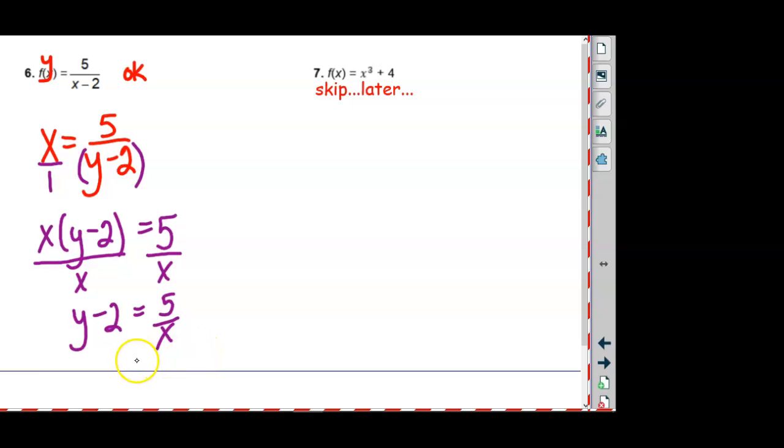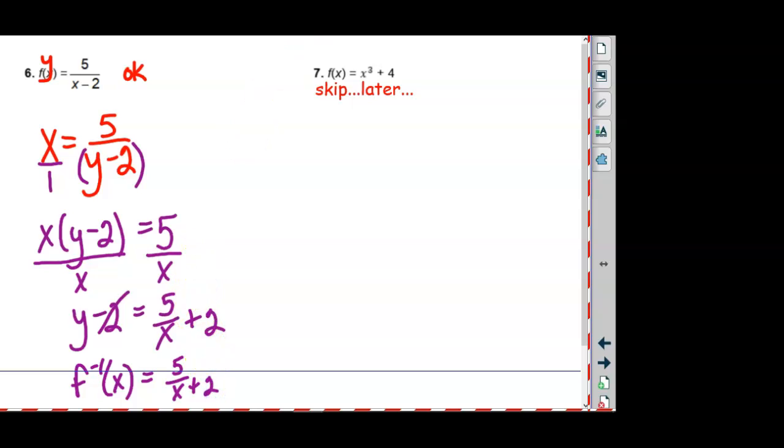And then all we'd need to do is what? Add 2 over there. That would get rid of it on this side. So we have the inverse function is 5 over x plus 2.